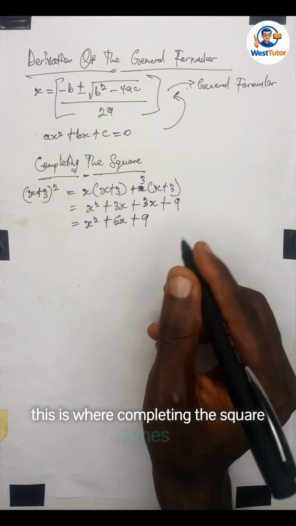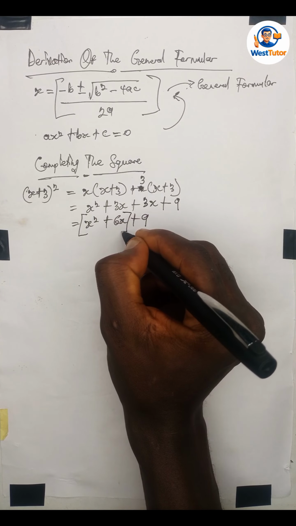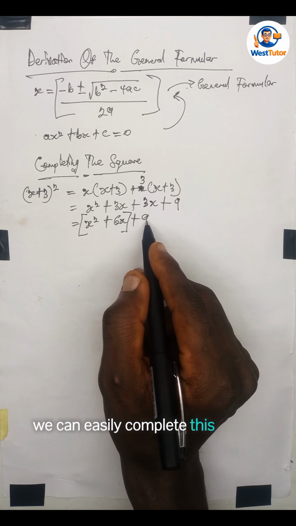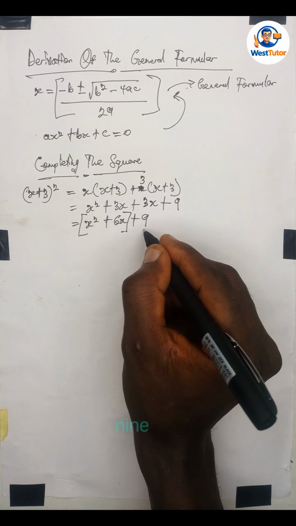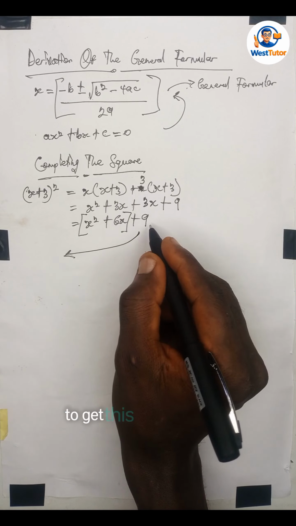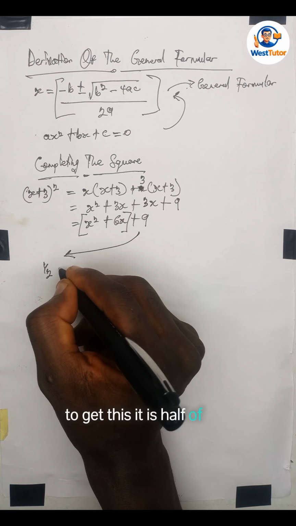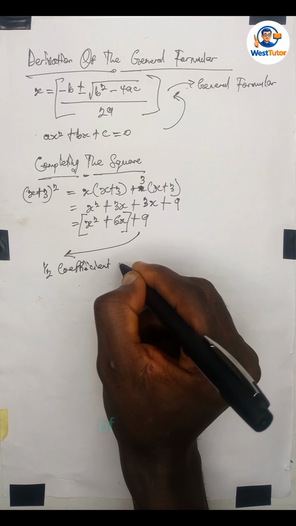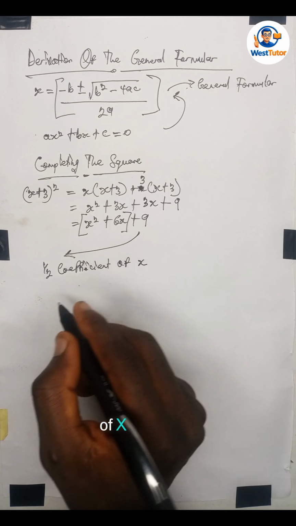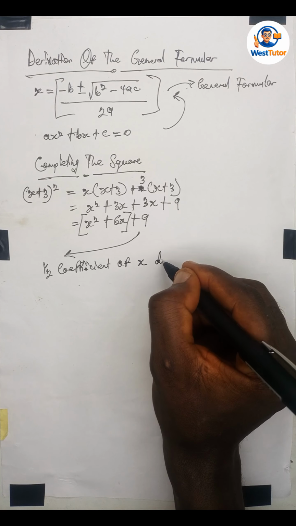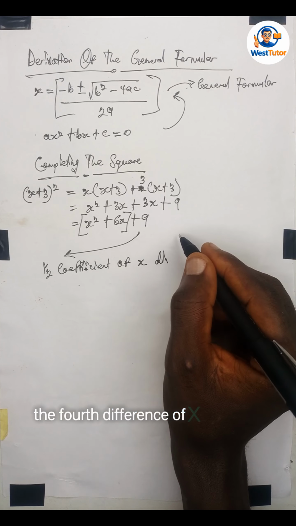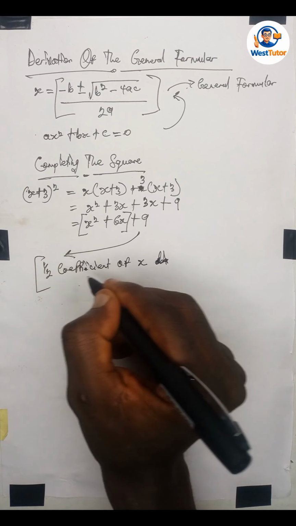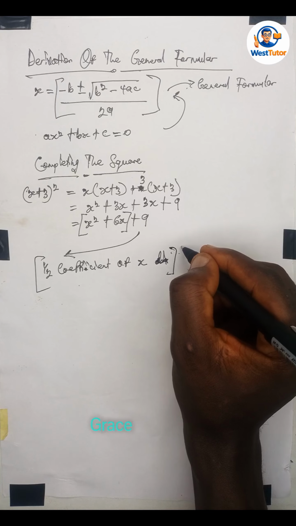Now this is where completing the square comes in. You see this part? This is the part that completes this equation. Once we have these two values, we can easily complete the square. And if you observe very closely, 9 here, to get this, it is half of the coefficient of x, raised to power 2.